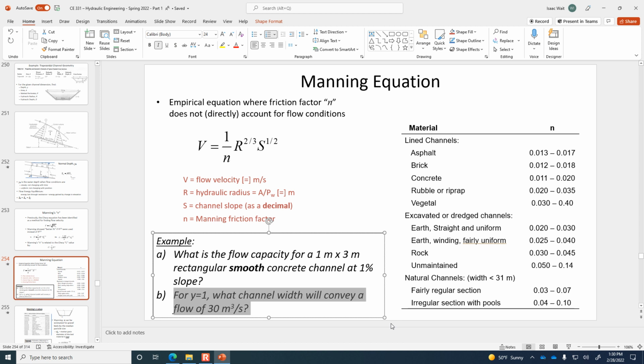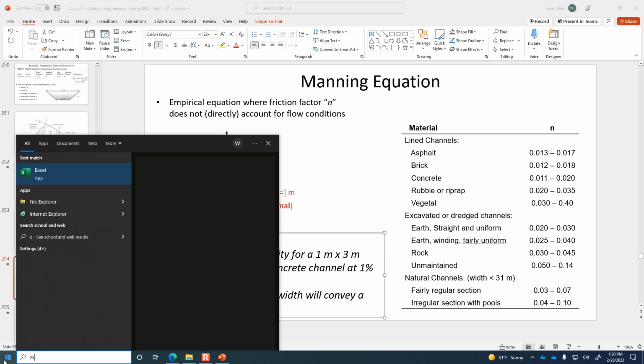So, being able to type in Manning's equation into your calculator and solve for some unknown parameter is really important. So I'll solve this using Excel, but I think it's probably even more important to be able to do it on your calculator. But just because I can bring Excel up on the screen, let me show you how you do it that way.